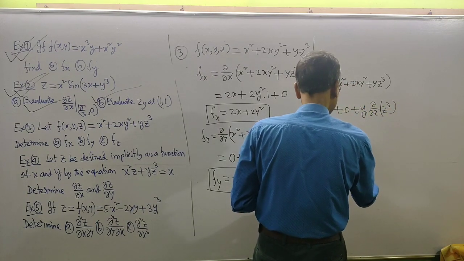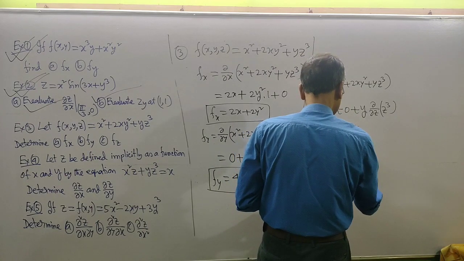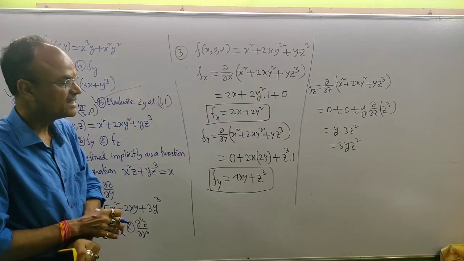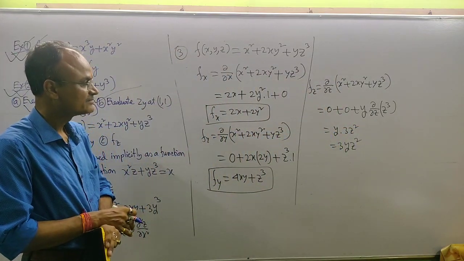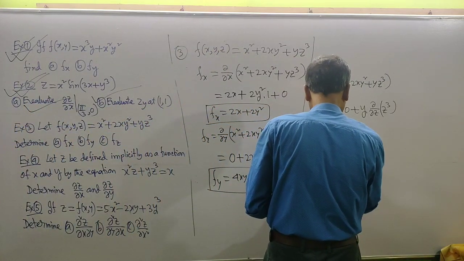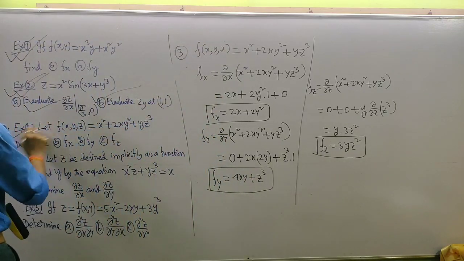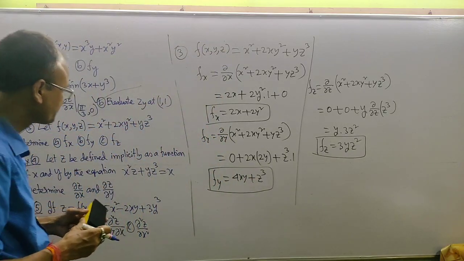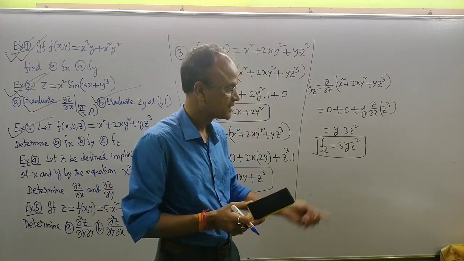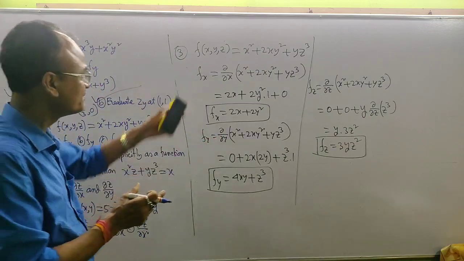This is equal to y, this is 0, into thrice z square equal to 3yz square. You will get Fz is equal to 3yz square. Therefore, we have done question number 3. Take the other variables constant. It is very simple.